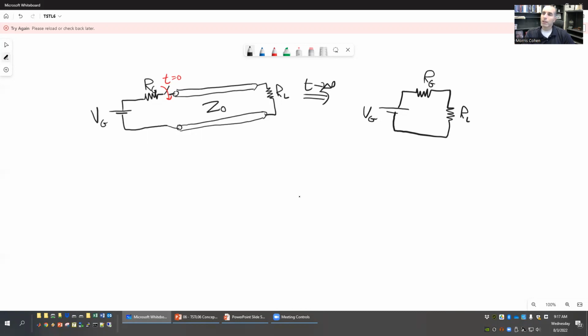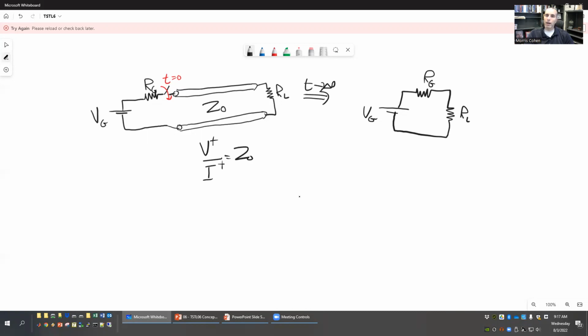Now, if we think about this, now that we've spent all this time deriving what happens in a transmission line, we seem to have a bit of a conflict here, because we've talked about how the transmission line forces a certain ratio of voltage to current, right? That the positive going wave divided by the negative going current in that wave must equal Z0, right?